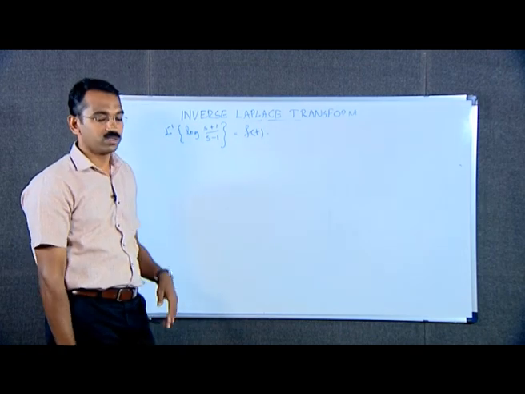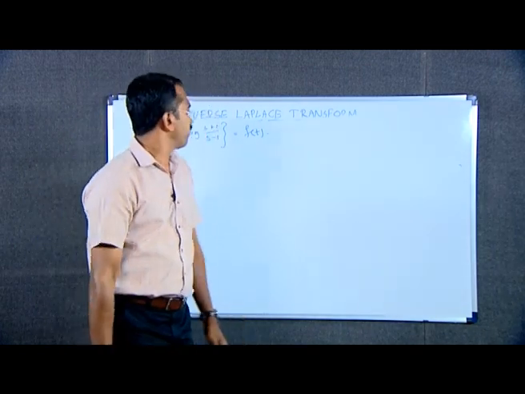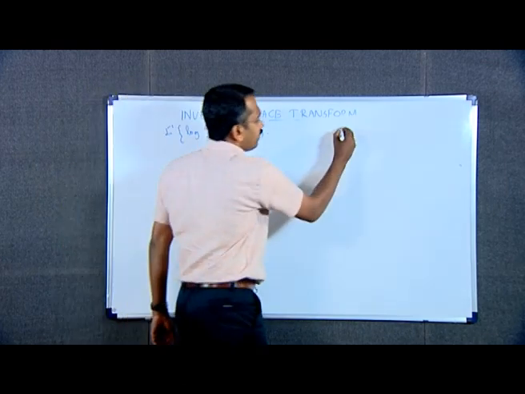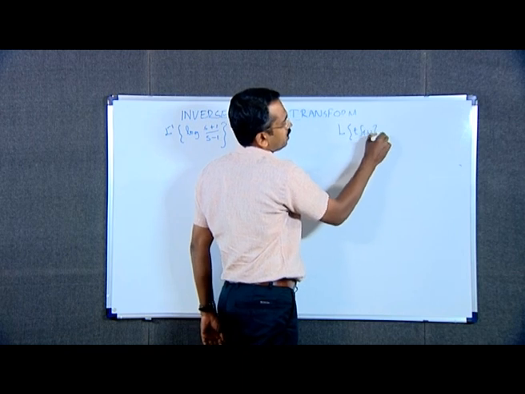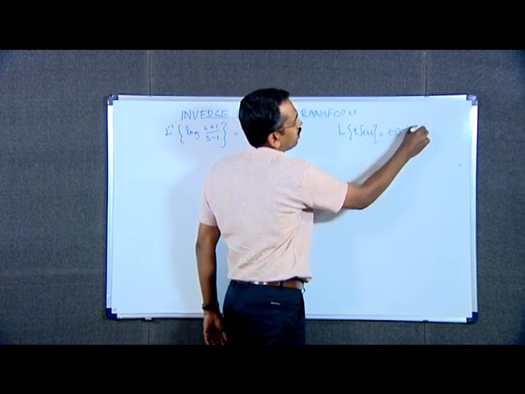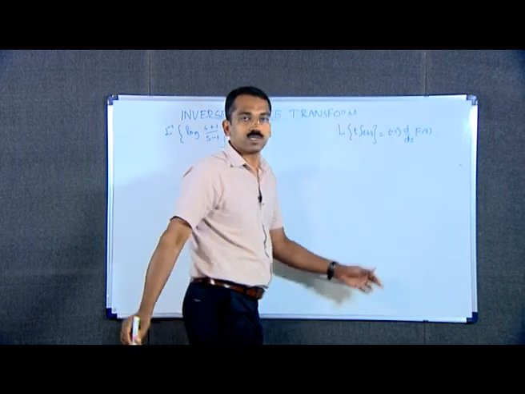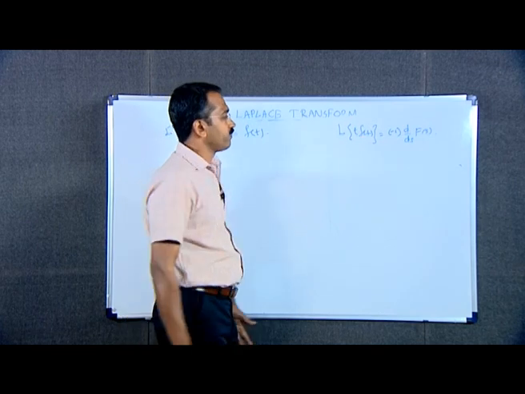Now we have to find f of t. We have the property Laplace transform of t into f of t is equal to minus 1 into d by ds of f of s, where f of s is the Laplace transform of f of t.